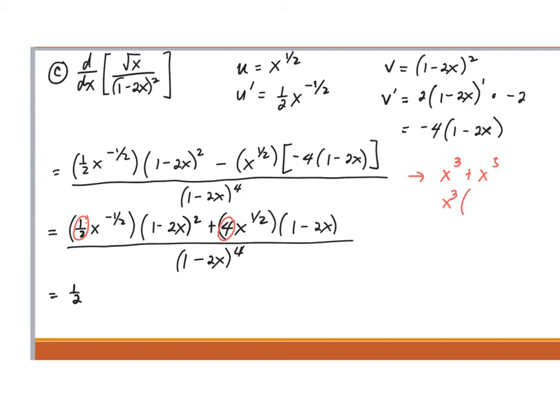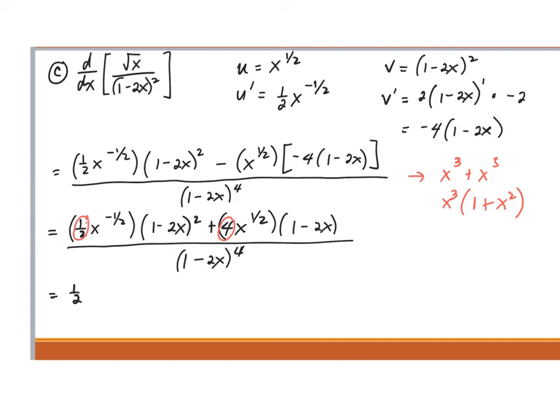So when we take that out, the next step will be to divide each term by the common factor. So x cubed divided by x cubed is 1. X to the power of 5 divided by x cubed is x squared. The same principle works for when you have fractional exponents.